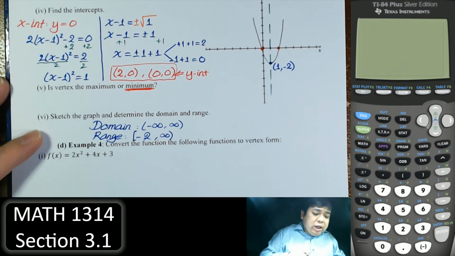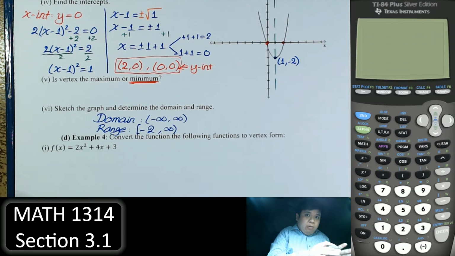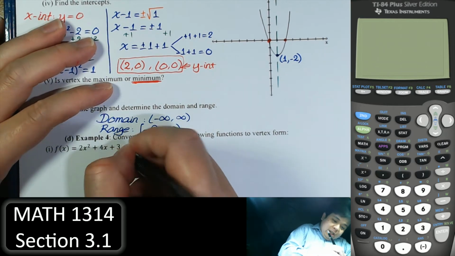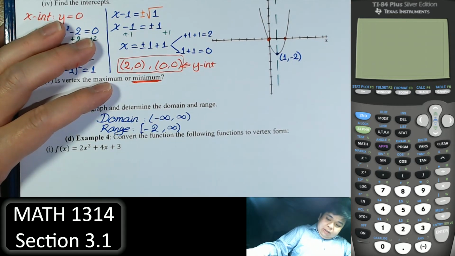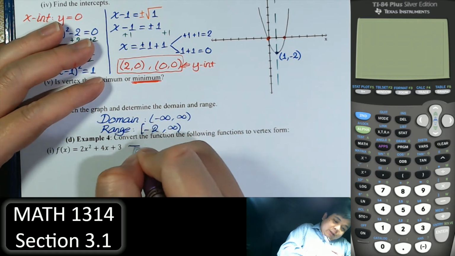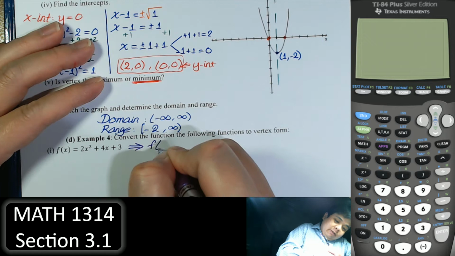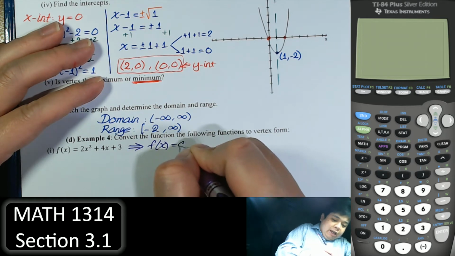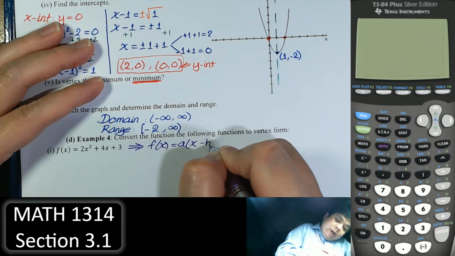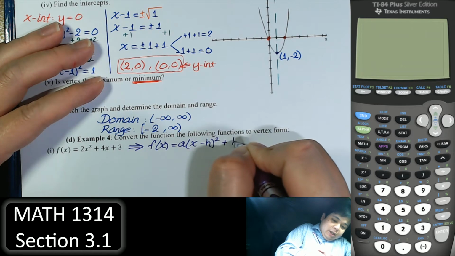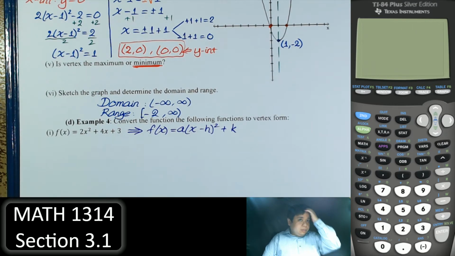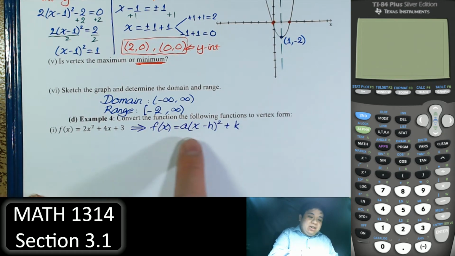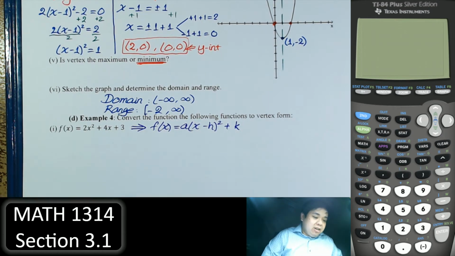But how do we go from the general form to the vertex form of a(x - h)² + k? That's what we want. The other way is easy. Just multiply it out.